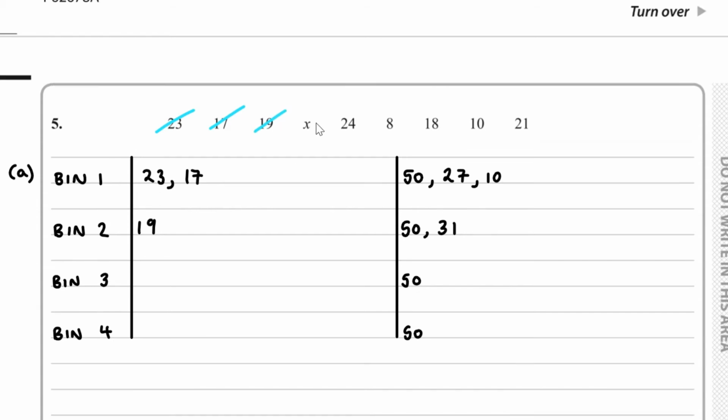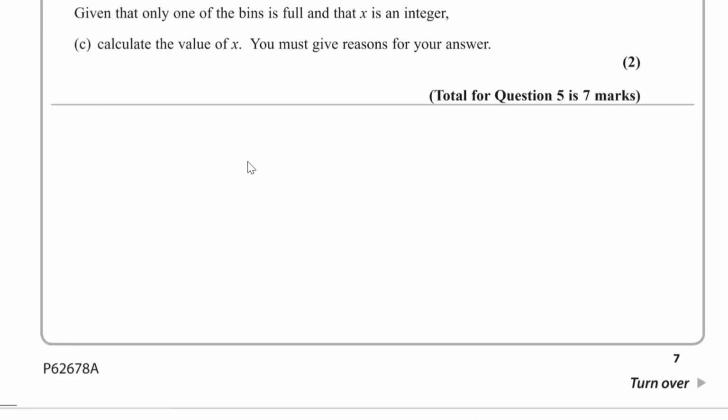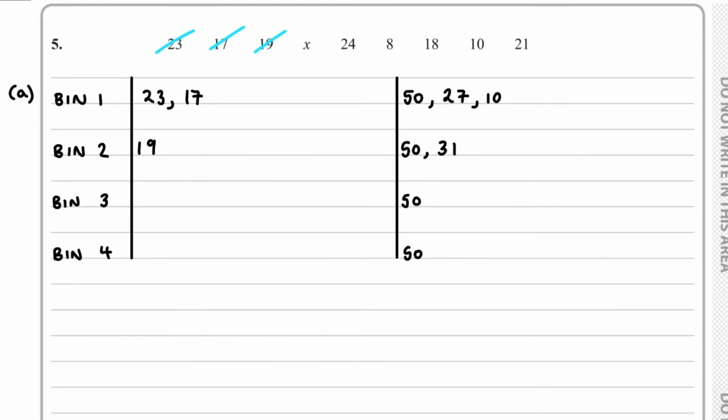Now we've got this x, and if we go back to the question, you'd see x is placed into bin 2. So x goes here. So what does this mean so far? Well, the space left over then, that will be 31 minus x.